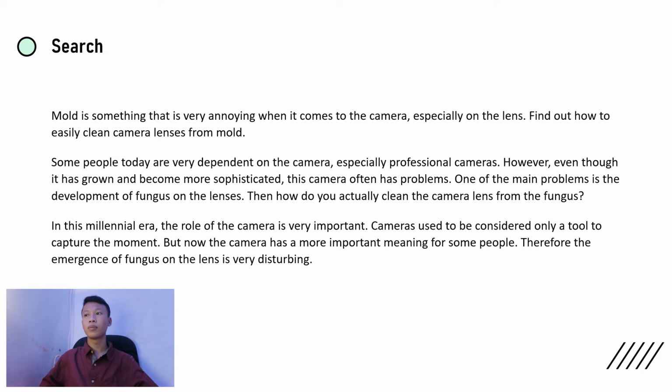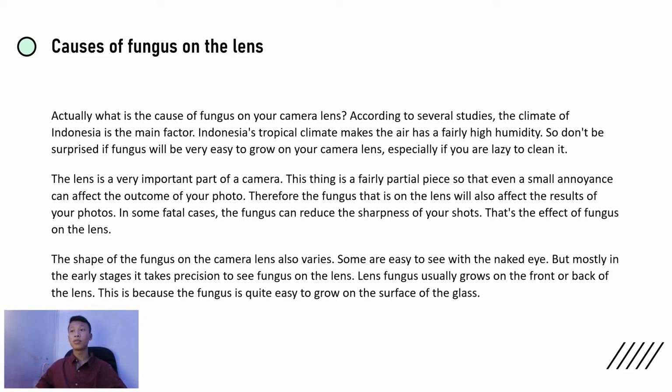Cameras used to be considered only a tool to capture the moment. But now the camera has a more important meaning for some people. Therefore, the emergence of fungus on the lens is very disturbing. Cause of fungus on the lens. Actually, what is the cause of fungus on your camera lens?